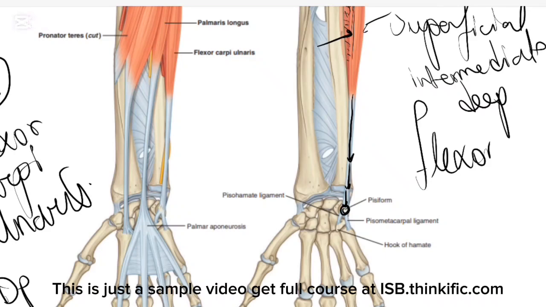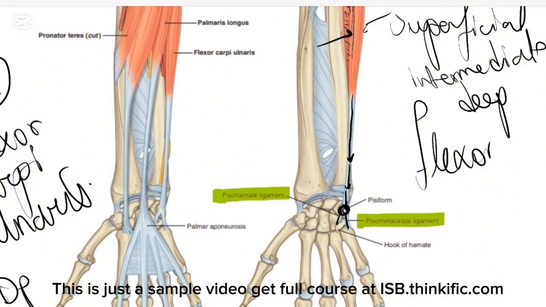And then from the pisiform, there are two ligaments which emerge from the pisiform. You've got a ligament here which is called pisohamate, and another one which is called pisometacarpal.